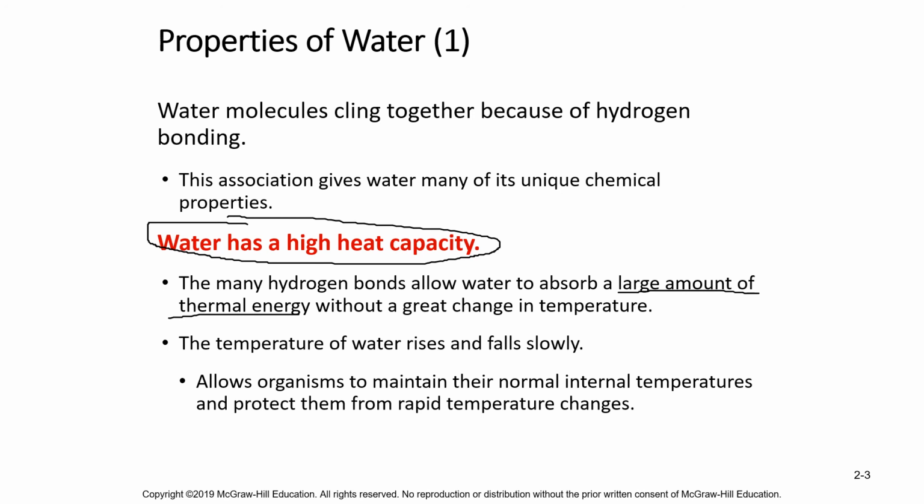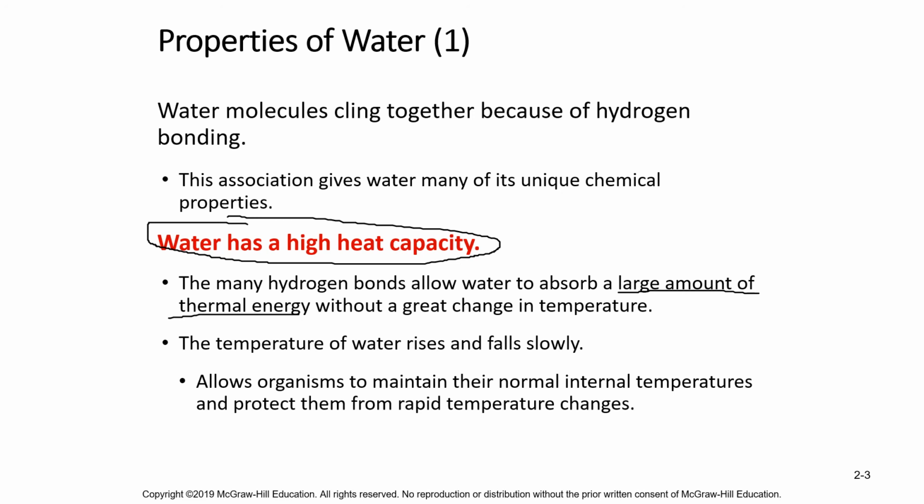It will heat up slowly and cool slowly. So if you look at coastal areas, a lot of times they're more temperate because in the summer the water cools the area because it is cooling slower than the land. And then during the winter it will warm the area because it's a delayed reaction. It's still warm from the summer.